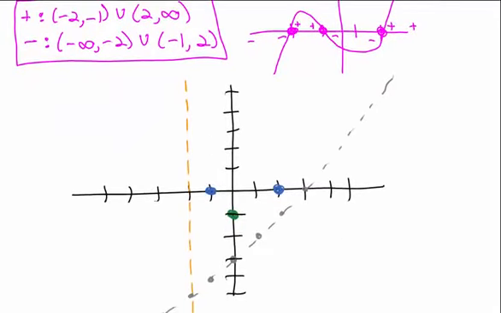Then our positive negative regions, it's negative from negative infinity to negative 2. Then it's positive from negative 2 to negative 1. Then it's negative from there till 2, and then it's positive from there till forever.